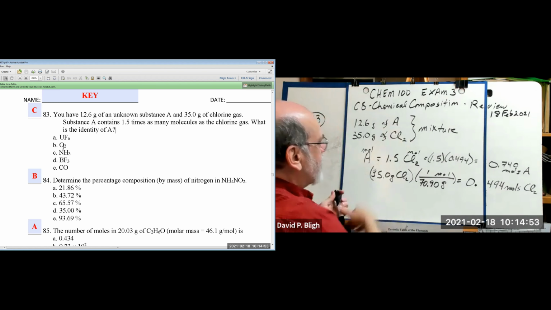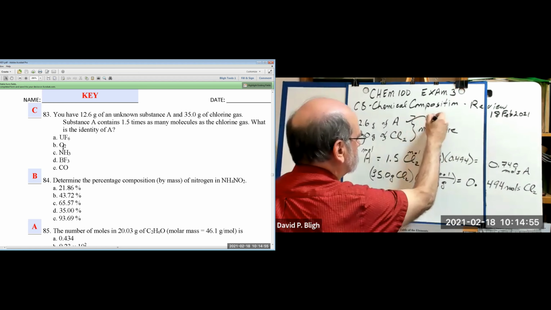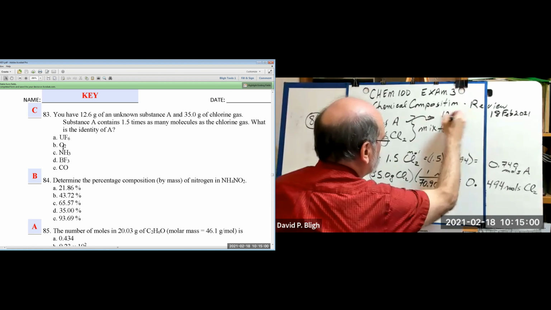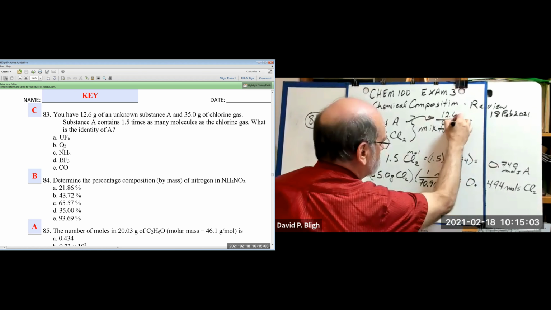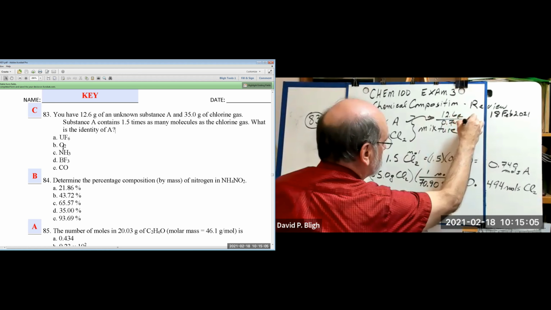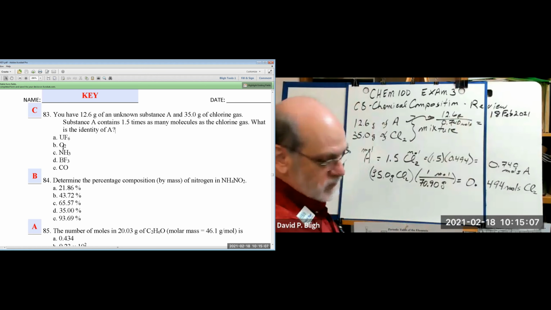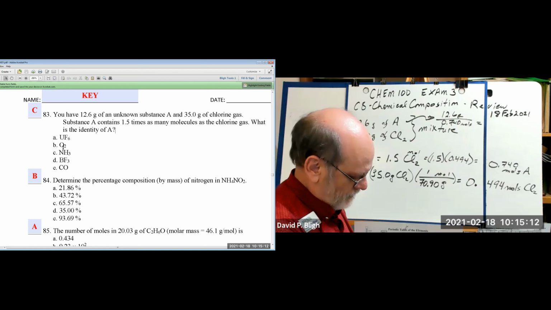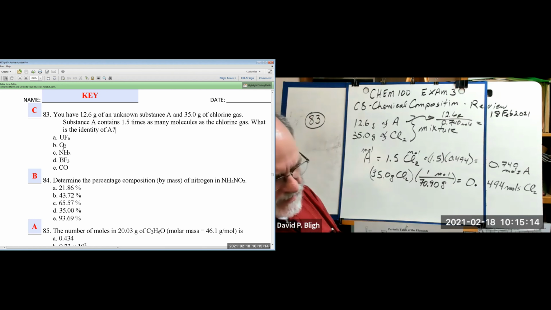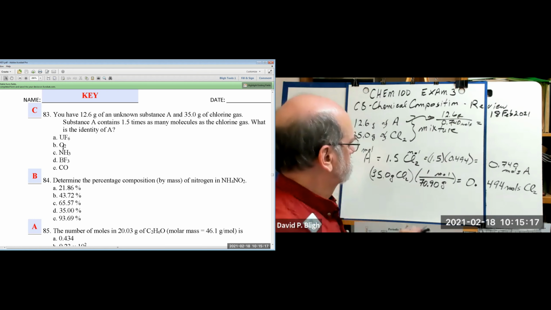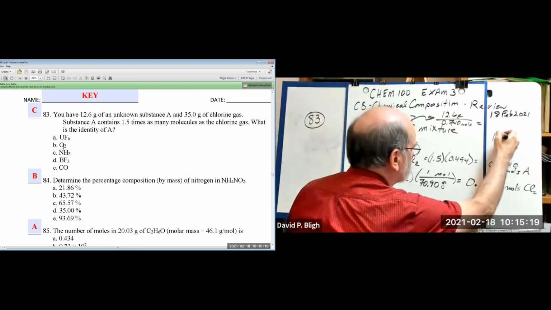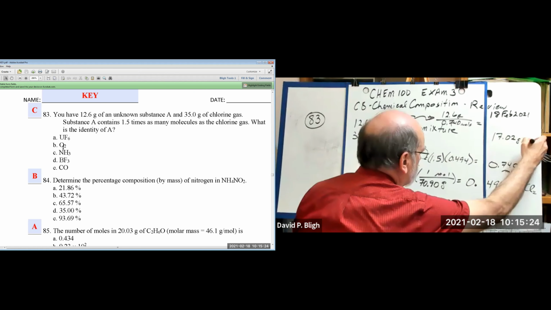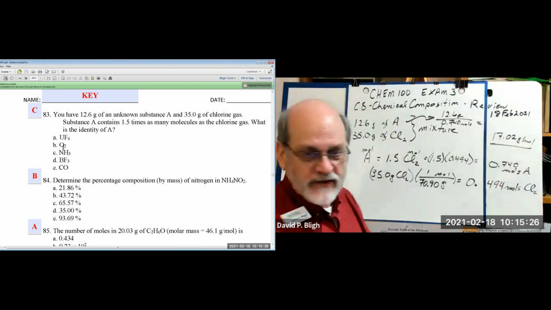So the molar mass of A would be this many grams per that many moles. And I get 17.02. 17.02 grams per mole.